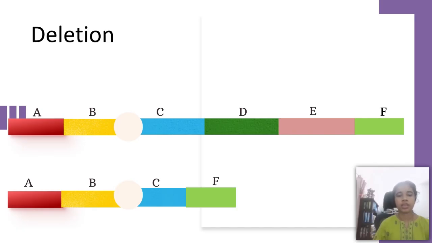Why does deletion occur in the first place? What are the reasons that lead to deletion? Deletions happen because of errors during meiosis, when chromosomes fail to align or exchange pieces properly due to unequal crossing over, where one chromosome gets extra material and the other loses material. They also happen due to DNA damage from radiation or chemicals, causing chromosome breakage, and the repair doesn't happen correctly.